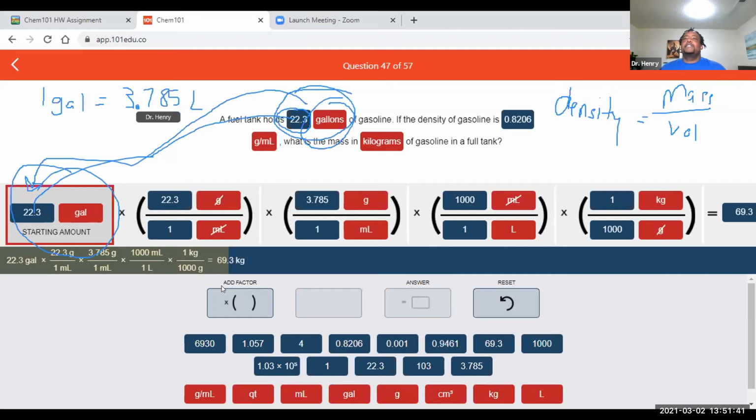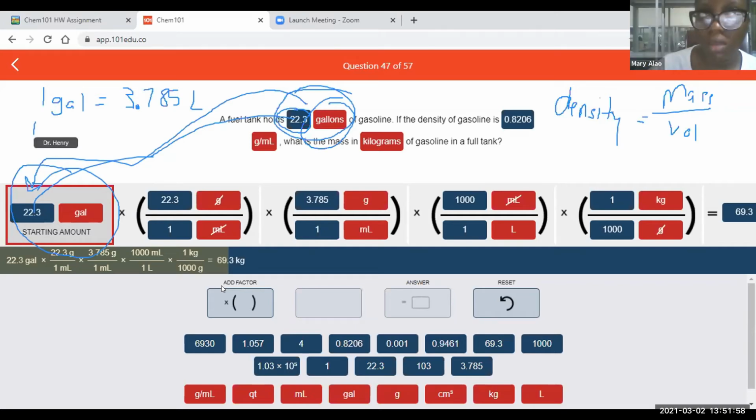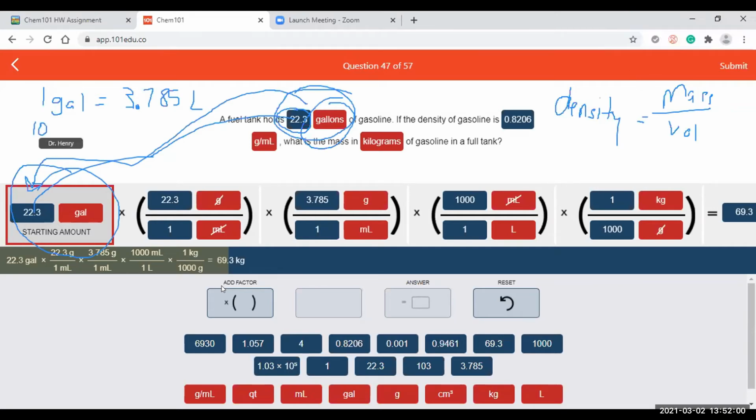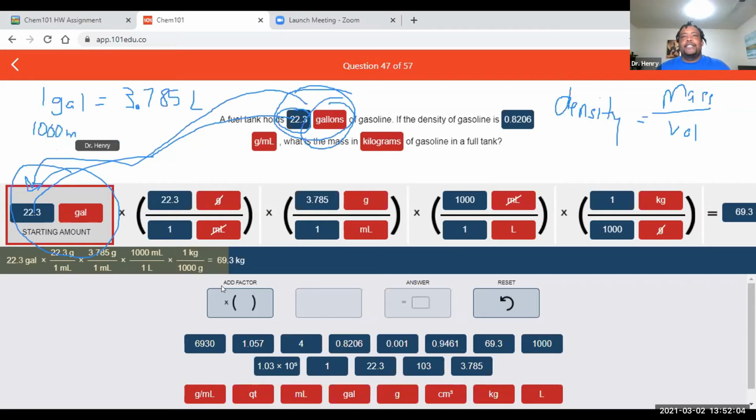If I did want to change it to milliliters, I could say it's 3,785 milliliters. But I like to work my way through it, because I like to remember what milliliters are. So how many milliliters are in a liter? 1,000. That's right. 1,000 milliliters are in 1 liter.